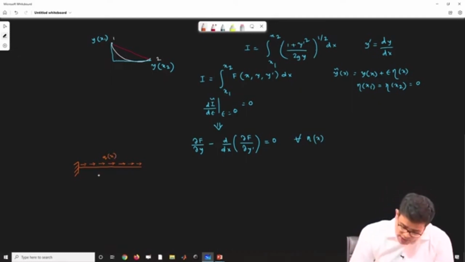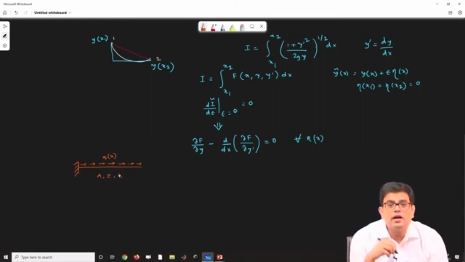Let us take this bar's area as A, which also can be a function of x, Young's modulus E, and then length L. Length is constant, let us say. Now A can be variable, so in case of a tapered cross section, A can be a function of x. Young's modulus can also be variable.